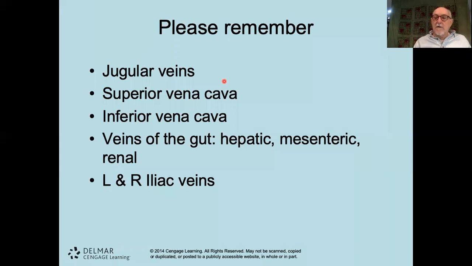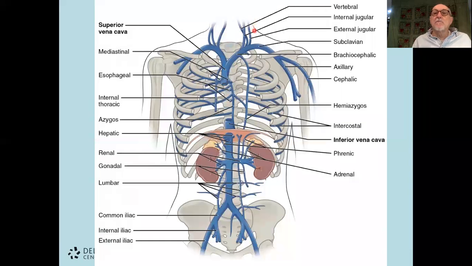I just want to also mention that blood from the head flows through these veins here called the jugulars. Now I mention that because we hear about the jugular vein so often. Well, here they are. They are the veins in the neck, deep in the neck, not the superior ones that you can see.